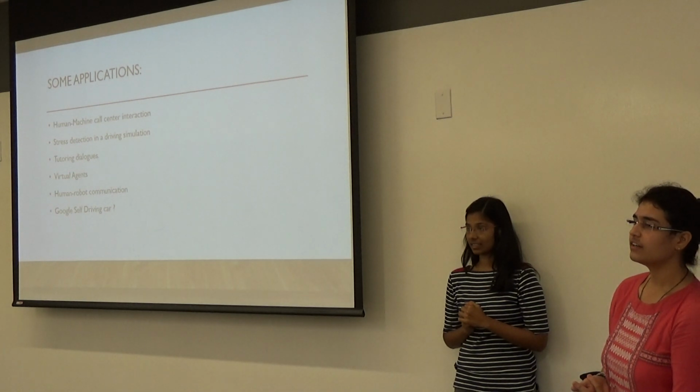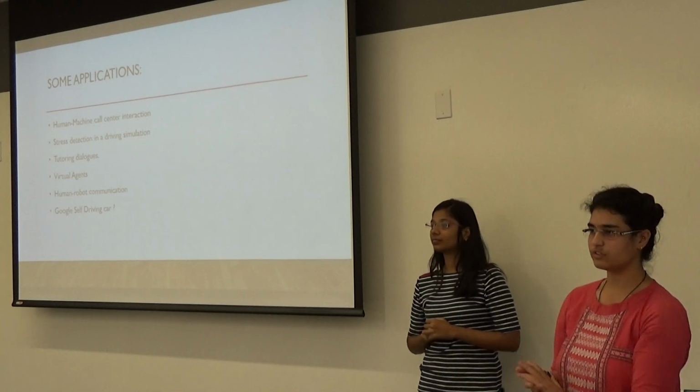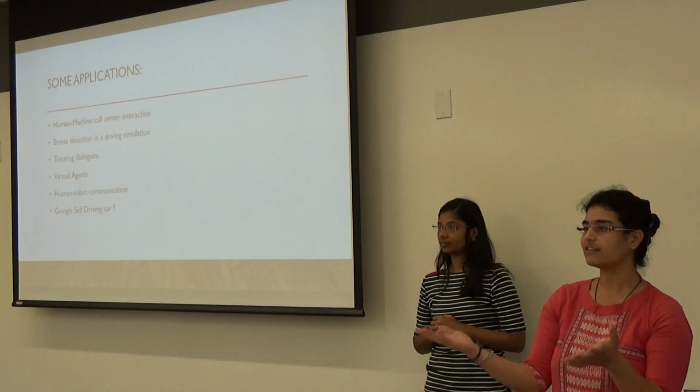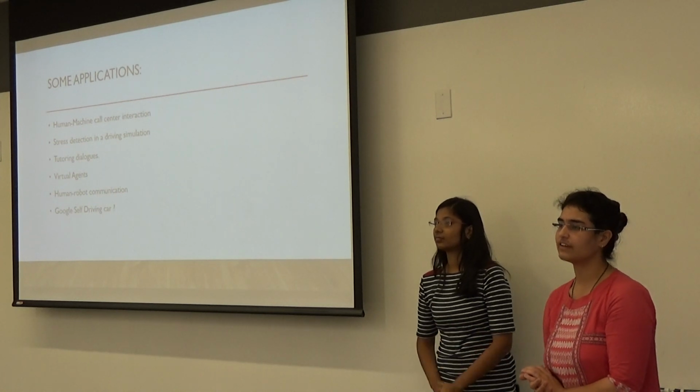See, what we are talking about here is, suppose a pedestrian is crossing the road and the car is coming. There were a lot of accidents in the past, like with Google's self-driving car.